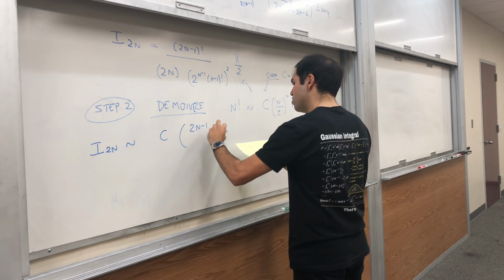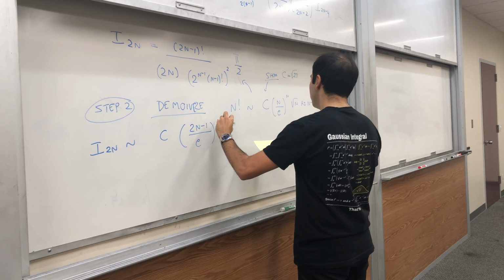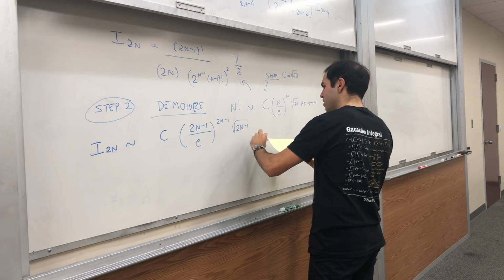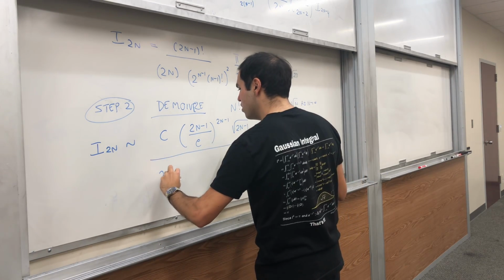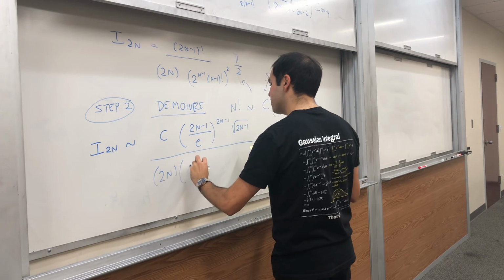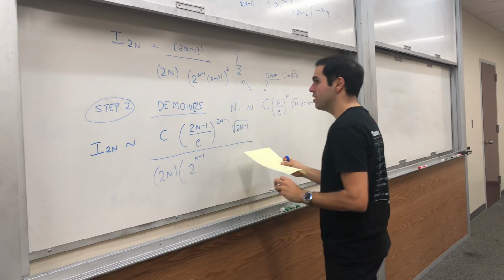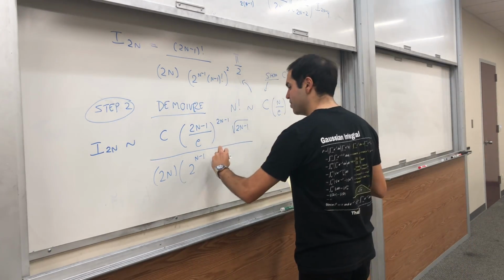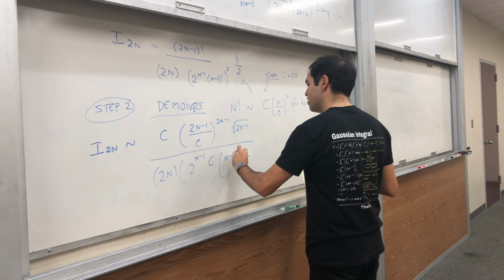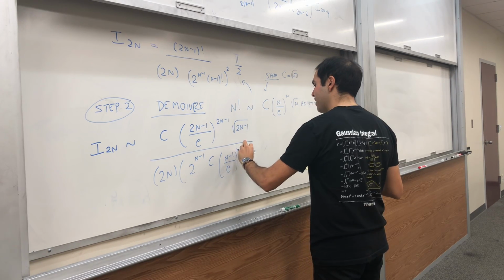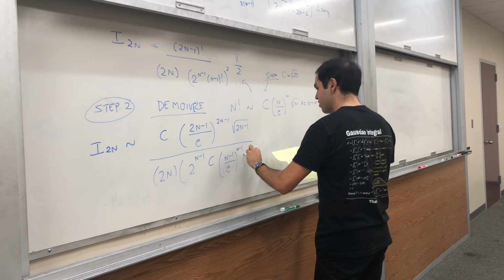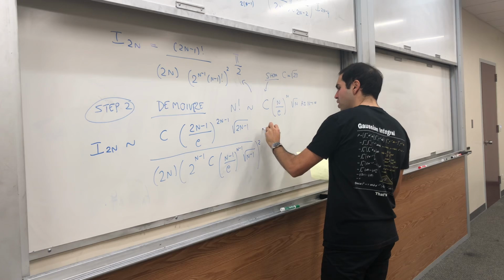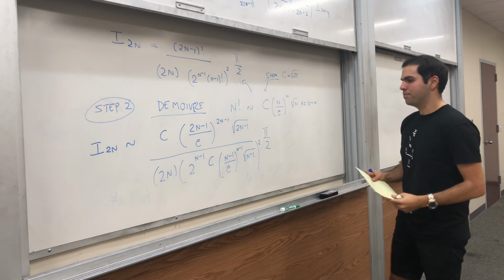So 2n minus 1 over e to the 2n minus 1 square root of 2n minus 1 over 2n times 2 to the n minus 1 and the same spiel but with n minus 1. So c times n minus 1 over e to the n minus 1 and square root of n minus 1 squared. And don't forget about the pi over 2.